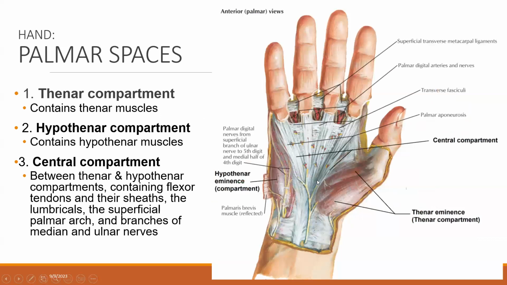Okay? So now, let's just see where these septa are on this image. One septum is going to be around right here, which is the lateral palmar septum. And then the other septum is right here, which is the medial palmar septum.